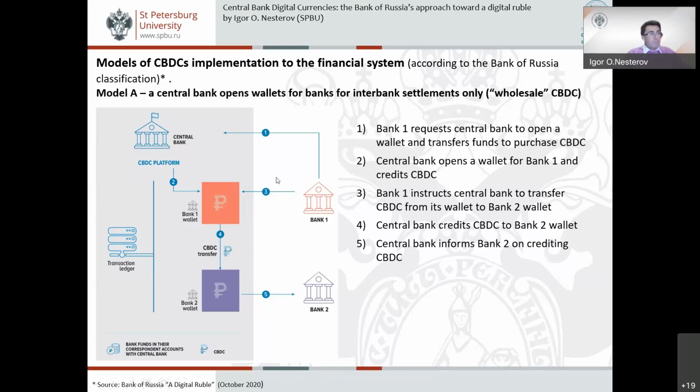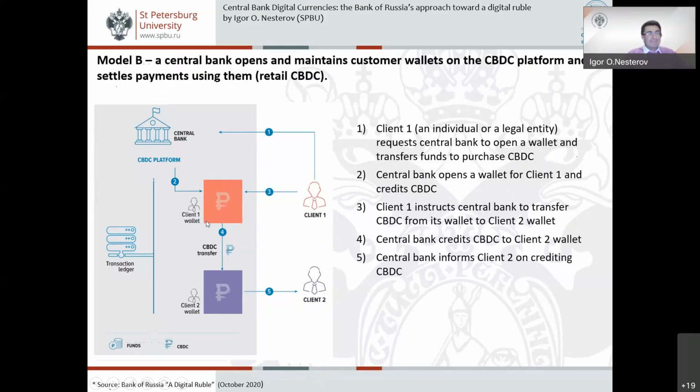The second possible model, Model B, I like it most. Model B could be described as the central bank opening and maintaining customer wallets on a CBDC platform, and the central bank issues a central bank digital currency for households, for individuals, and companies, legal entities.